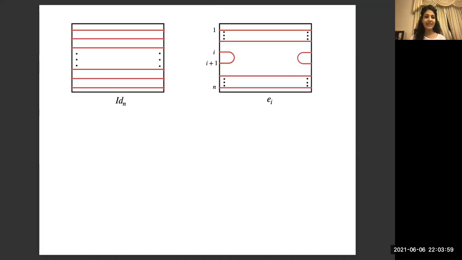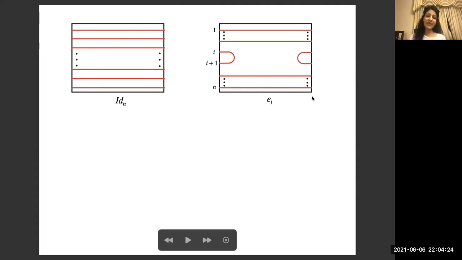So the identity element, ID_n, has endpoints on the left edge of the rectangle, endpoints on the right edge, and then you have straight curves which connect the corresponding points on the left with points on the right. And e_i will have a cap which connects the i-th and (i+1)-th points on the left edge, and there will also be a cap on the corresponding two points on the right edge.